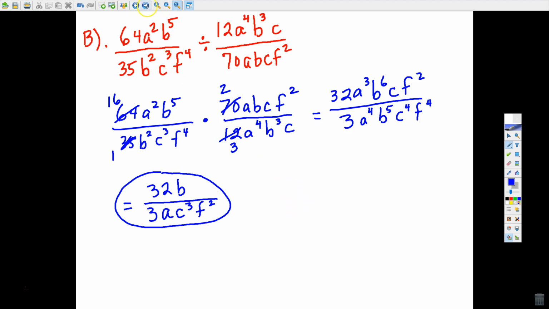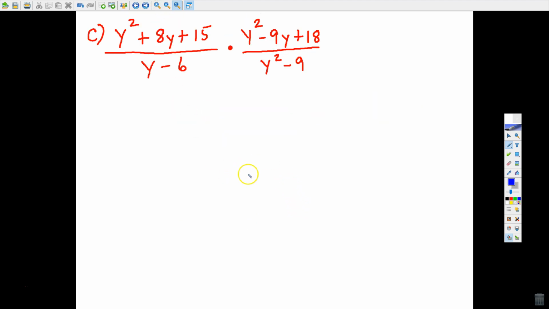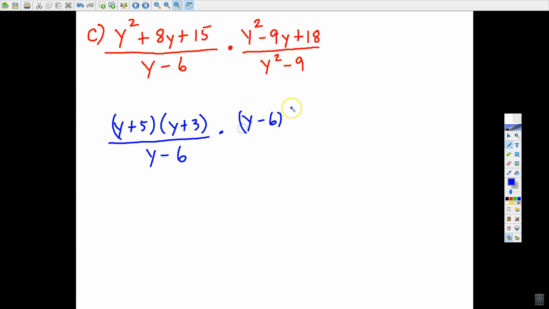All right, let's try letter C. Another multiplication problem. So once again, factor everything you can, starting with this left numerator. That would be y plus 5 times y plus 3. The denominator is prime, can't be factored. This right numerator factors as y minus 6 times y minus 3.